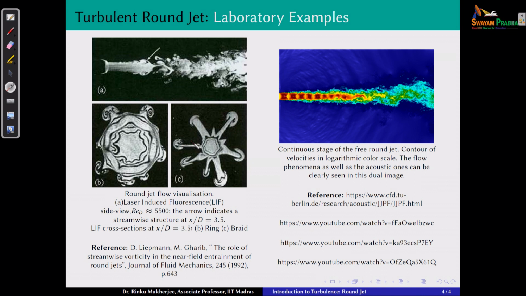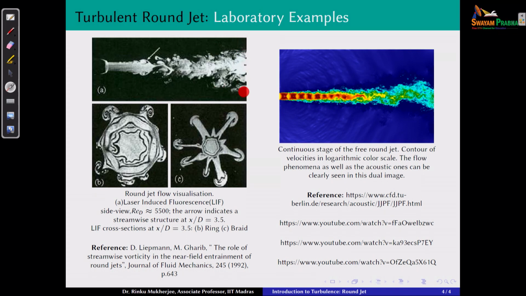Now, what happens if instead of x/d equal to 3.5, I move further downstream? Will I see the same views there as well, at this particular section or this particular section?